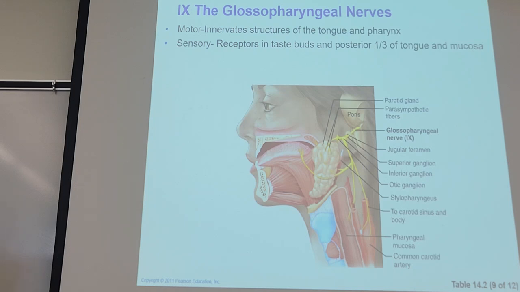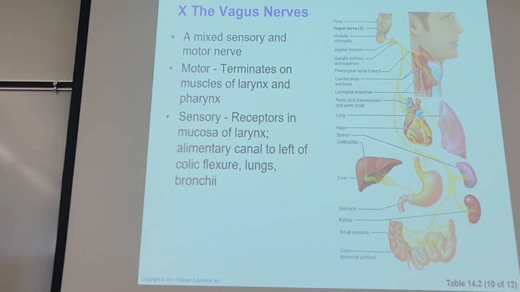Okay, what's 10? 10 is vagus, not spelled like Las Vegas, right? V-A-G-U-S. So this is another big one, mixed. And vagus is the only cranial nerve that goes inferior into the thorax, into the abdomen. So motor-wise, we're just summarizing.